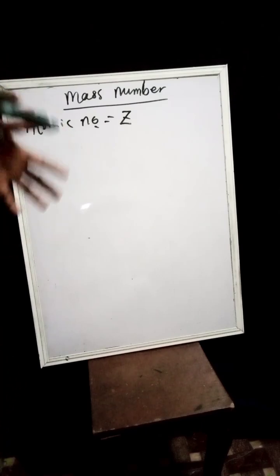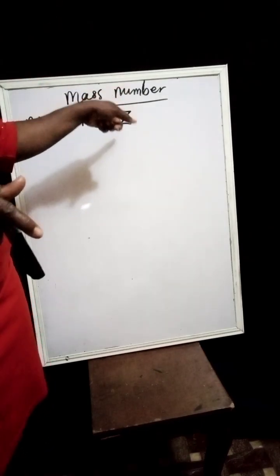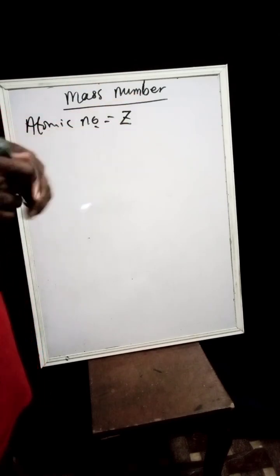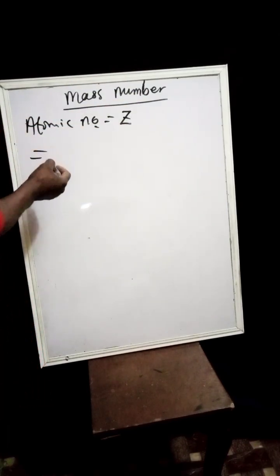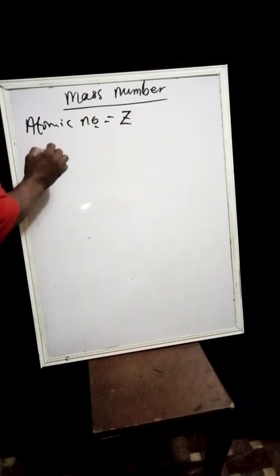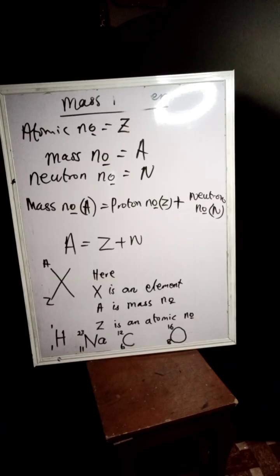So when we are talking about the proton now, I'll be using Z to denote the number of protons. And the mass number of an element is denoted by A, and neutron number is denoted by N.